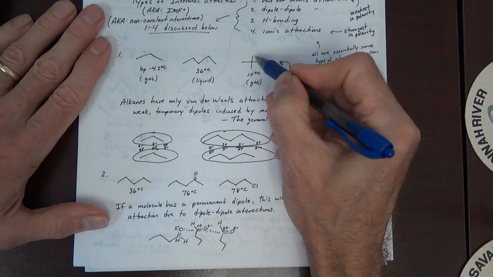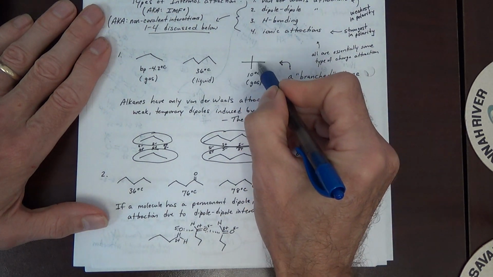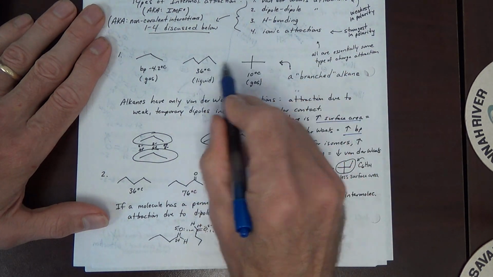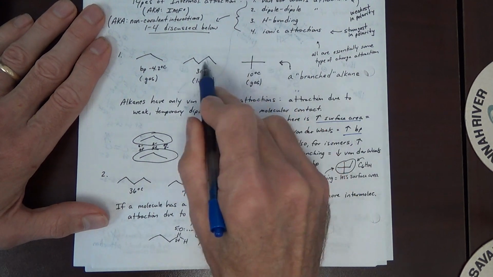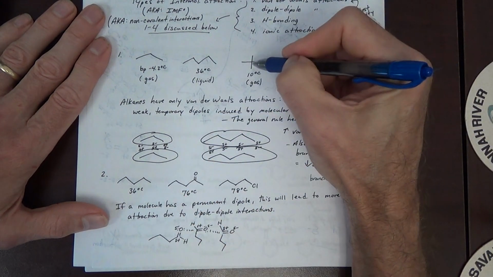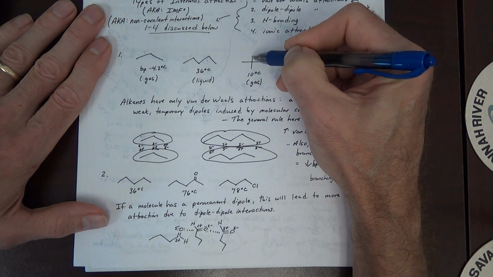But take a look at this alkane, a branched alkane. It's got the same formula. These two are constitutional isomers. But this one has a lower boiling point. Do we expect that?